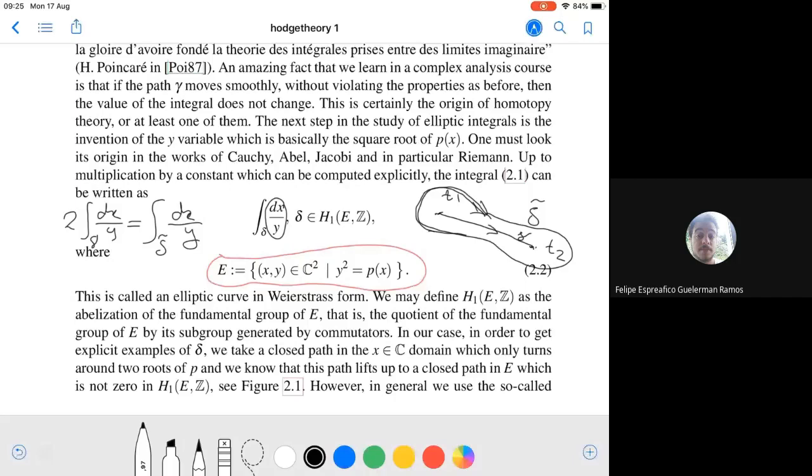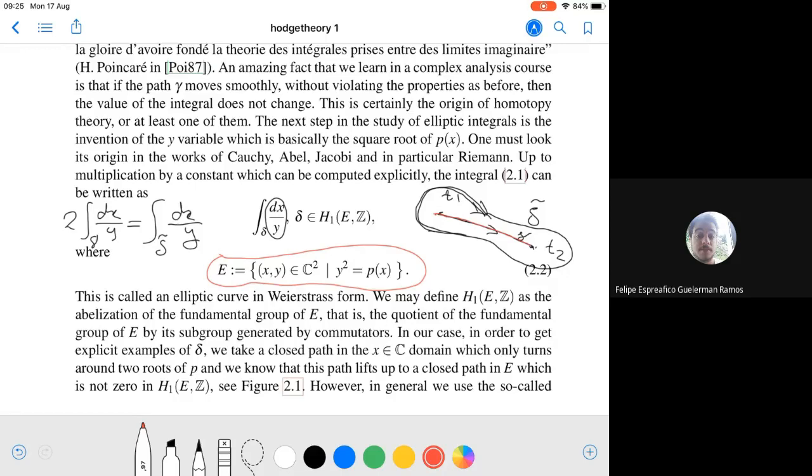First of all, just imagine that this delta tilde is getting contracted to this path gamma. After contraction, we argue that at the end the integral doesn't change, and we already know that my integration converges at T1 and T2.